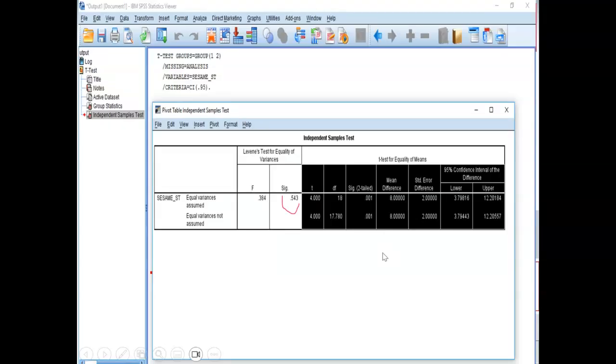And where you're going to look for it is right here. Let me draw.